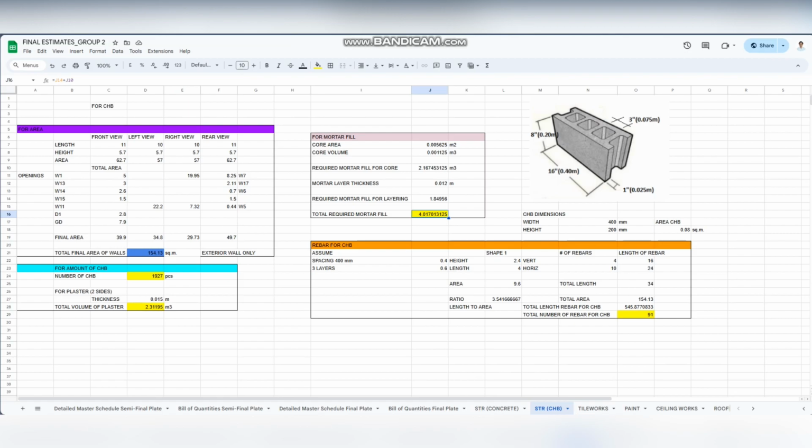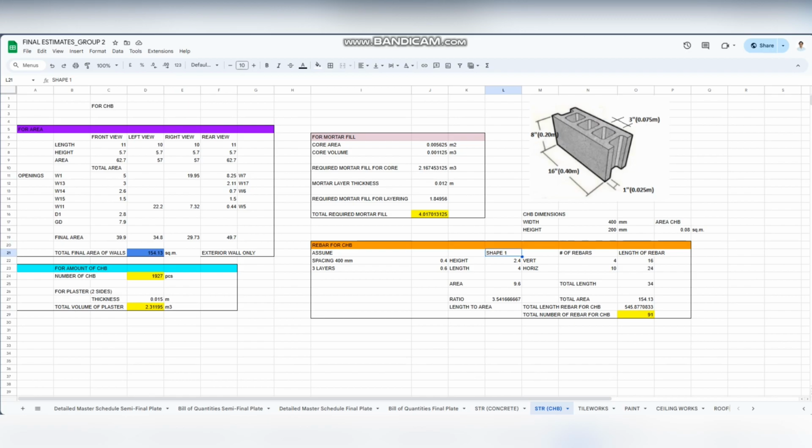Then lastly, for the CHB reinforcement, we have here the calculations. We assumed the spacing of 400 millimeters and 3 layers. So we have here the calculations. Then I use the ratio and proportion right here. So I got shape 1, which is just one smaller shape on the structure.